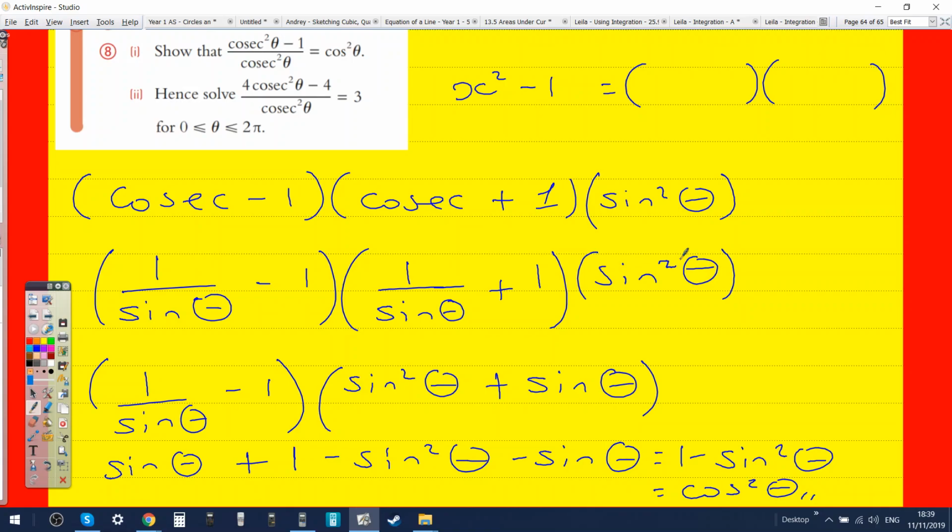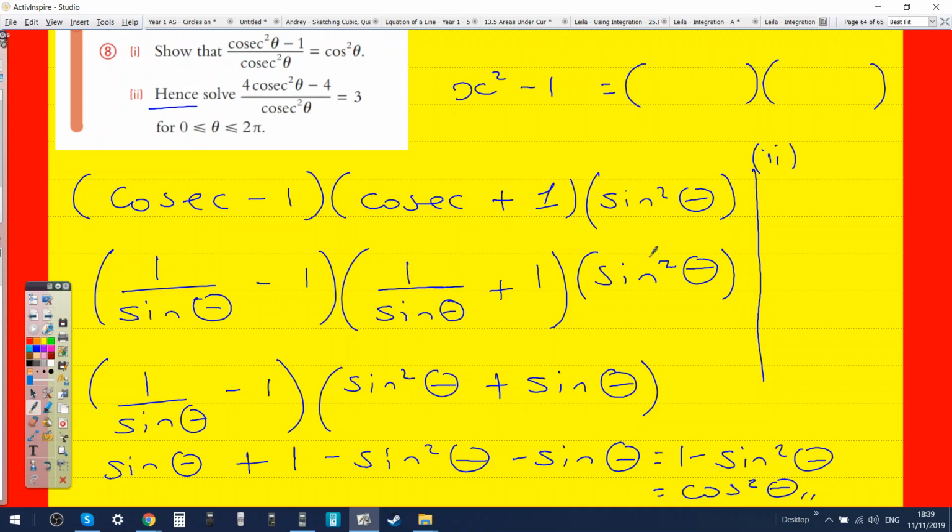How do you hence solve? We could say, I'm not too sure. Hence?